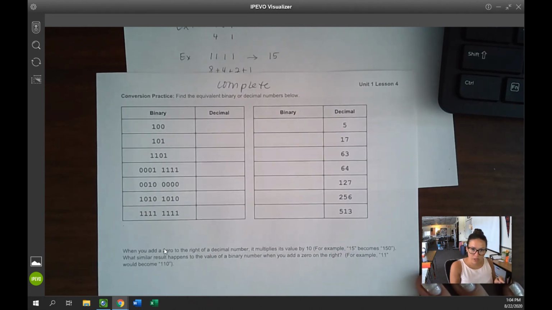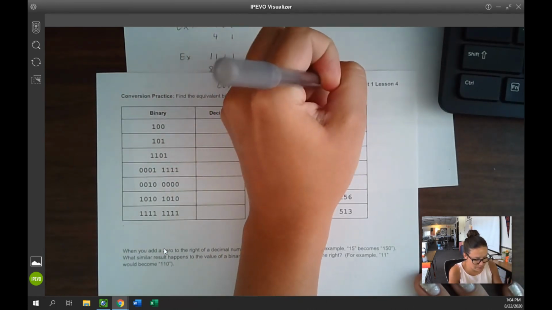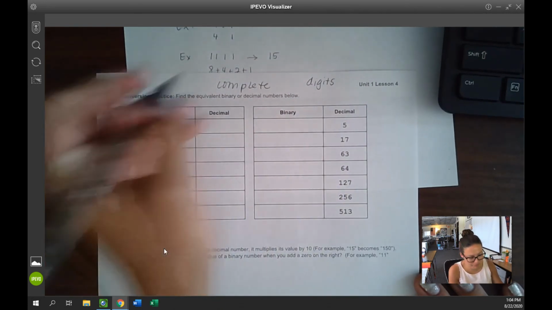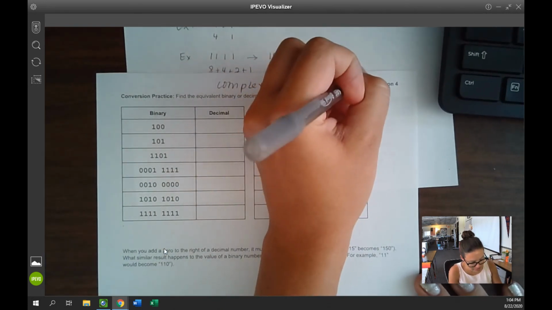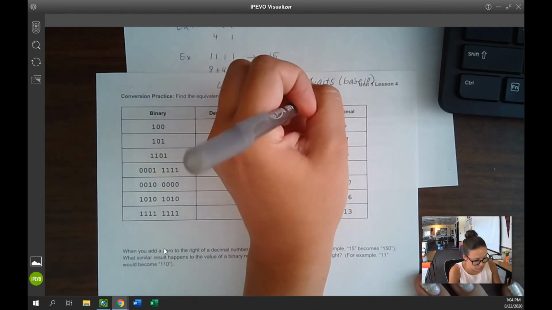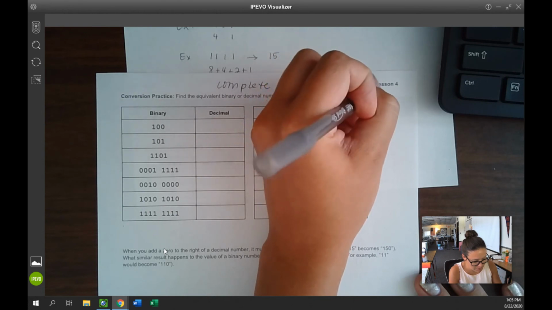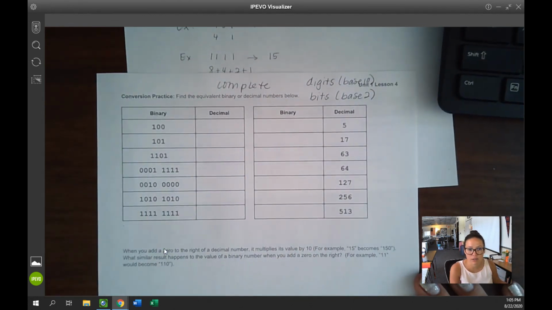One thing to note, in normal numbers, we call them digits, but that's base 10, okay? Base 10. In base 2, we call them bits. Base 2, those are called bits.